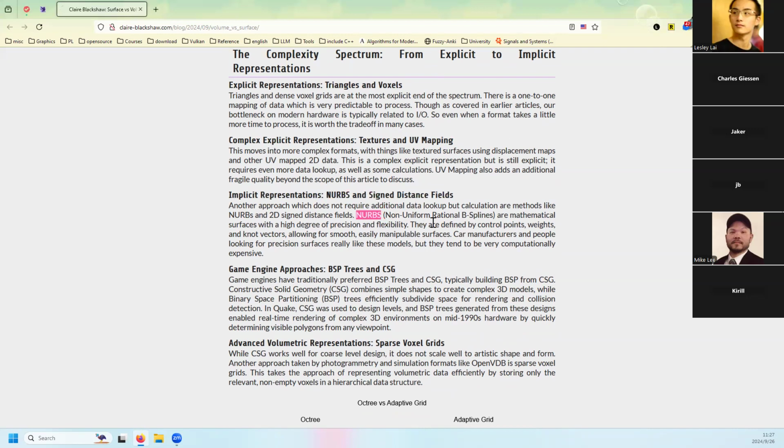And NURBS, oh, NURBS is like a subtype of B-splines. I think B-splines are like Bezier curves in 3D, but NURBS are a particular type, but I just don't remember anymore. Yeah, I'm not really up on the classification there. Yeah, what that all means.